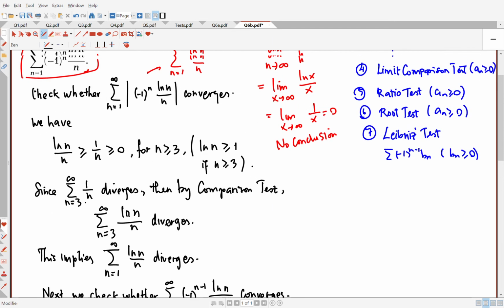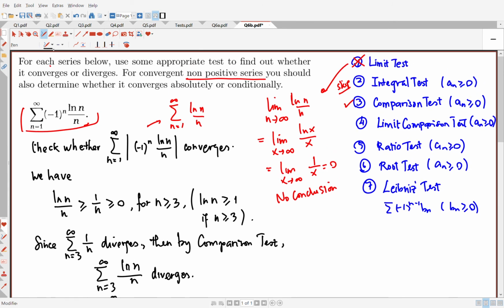So if we do limit tests, you will have no conclusion. So you cannot use limit tests. For integral test, comparison test, limit comparison test, ratio test, root test, all of this you cannot use because you need the terms to be more than or equal to 0. So this is your only choice, and you see the form is similar, so we are very lucky.